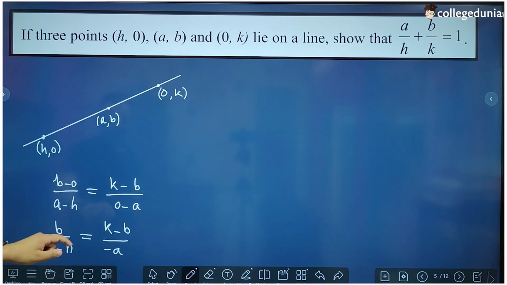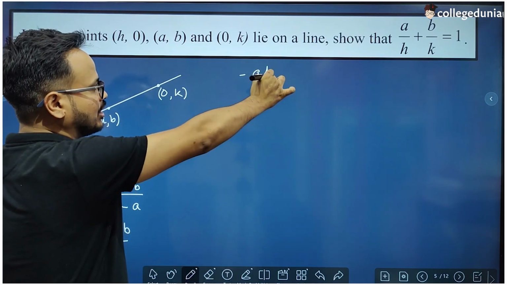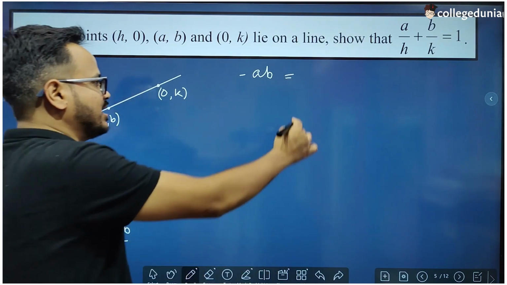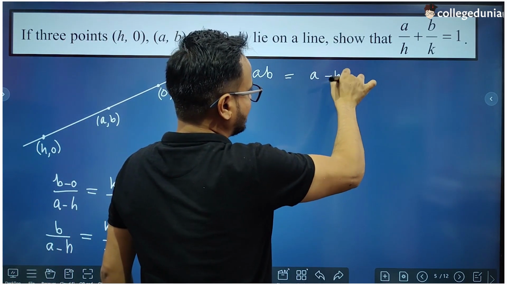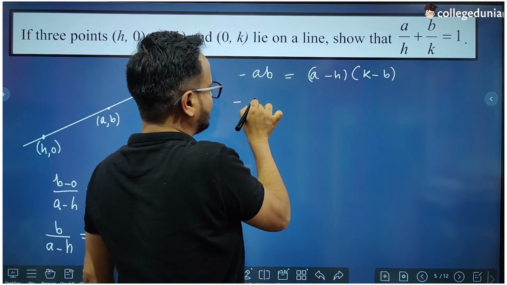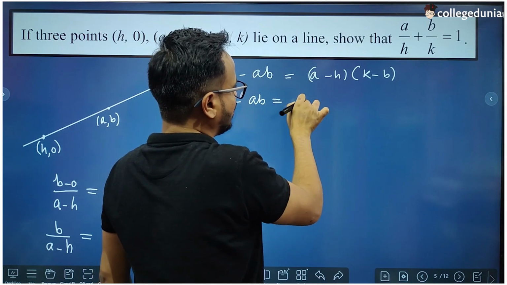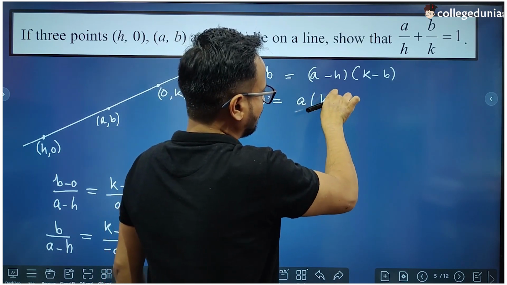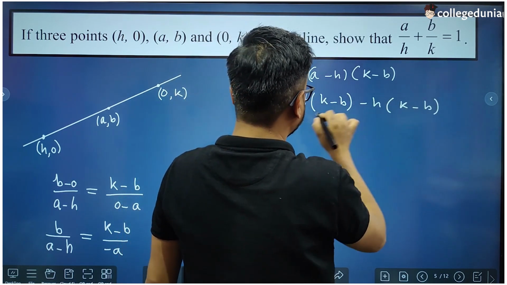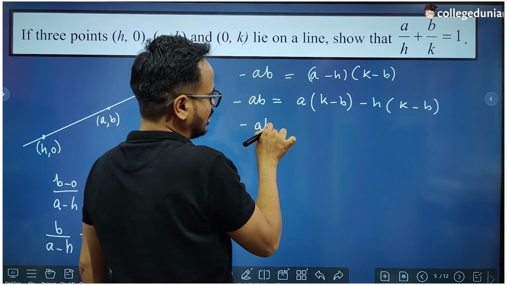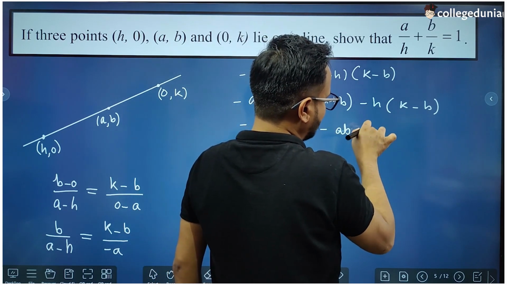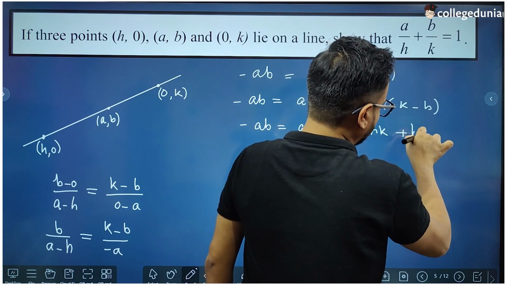Now if we cross multiply, then minus ab is equal to a minus h into k minus b. So minus ab is equal to a into k minus b minus h into k minus b, minus ab equal to ak minus ab minus hk plus hb.